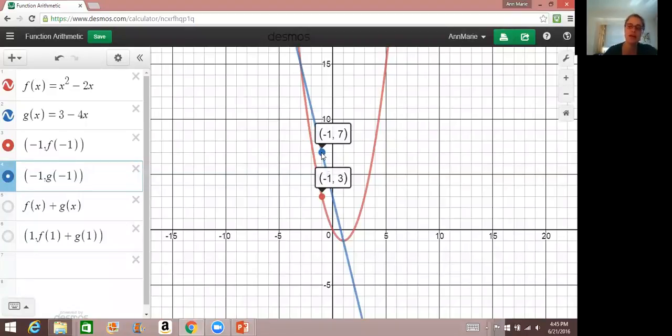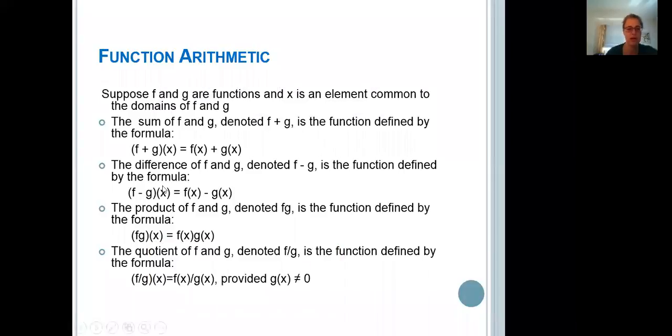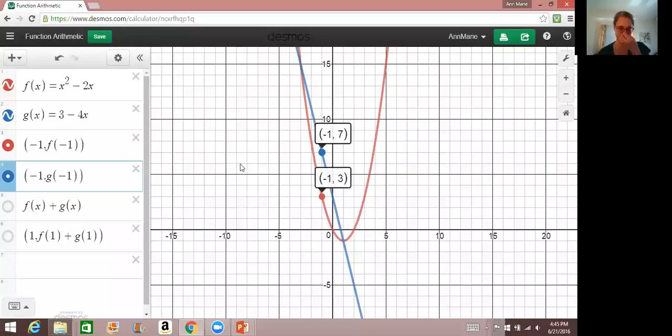Now, what I said was that I can write the sum of these two functions. So f plus g of x is the same thing as taking f of x plus g of x. Okay.